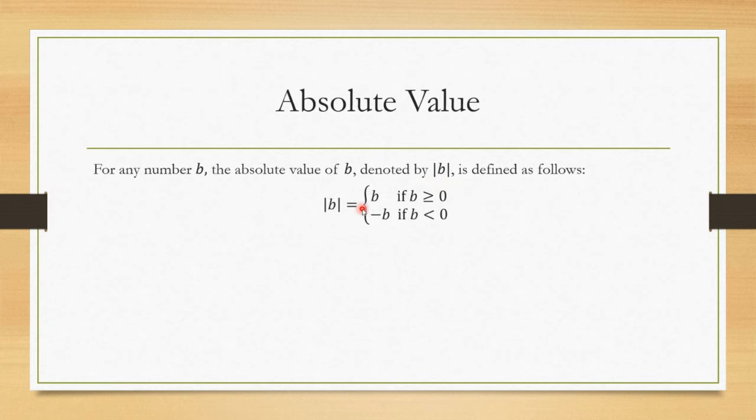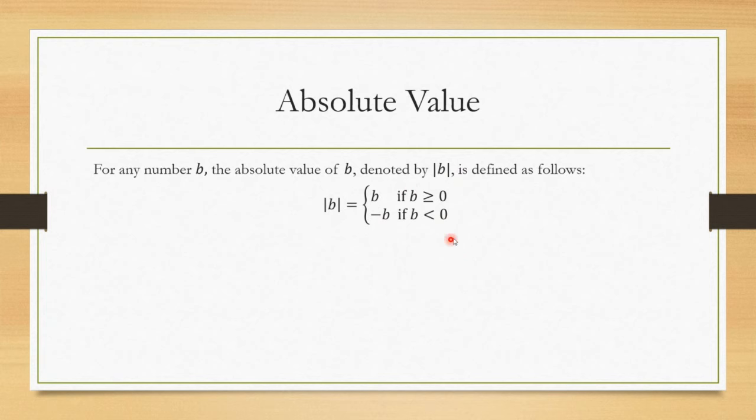By definition, it's given by this. I know this is kind of weird, but all this is saying is the absolute value of B is going to be B itself if B is non-negative, and it's going to be negative B if B were negative.